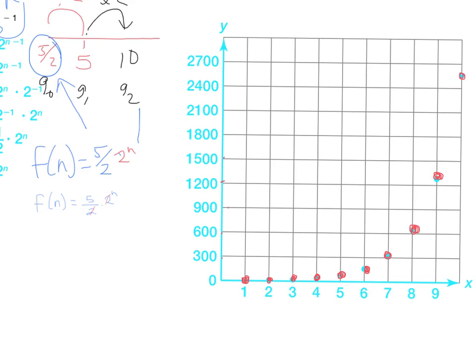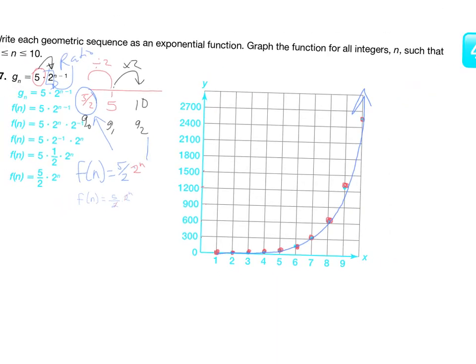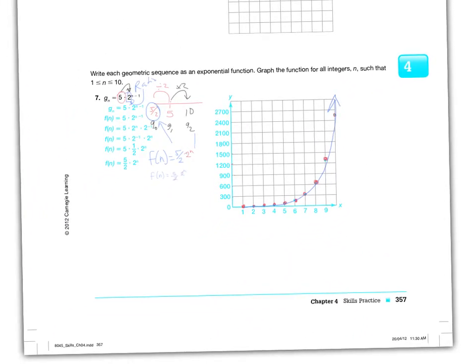We're not connecting the lines, but just for fun, you can see how it could be. You can see the actual pattern. If you were to connect the dots, that is exponential. All right, for the geometric, we're going to be doing that the next day, but that would be how you would do number 7.